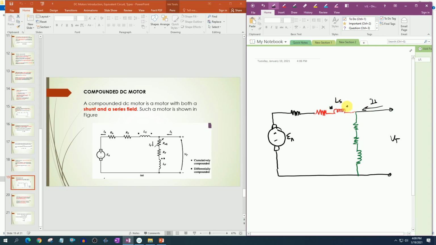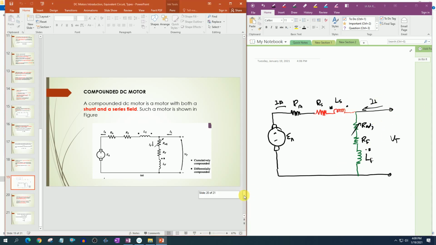This is the dot on which current is entering. RA, IA, this is adjustable, this is field RF and LF. This dot is adjustable. So that's how the equivalent circuit of a compound DC motor looks, which consists of both the series and shunt field windings.